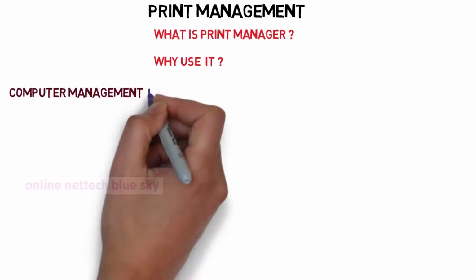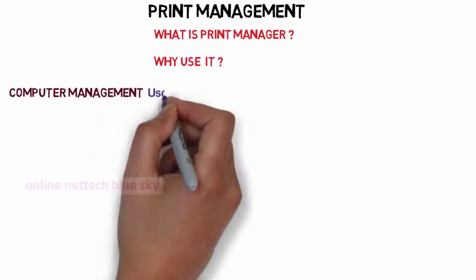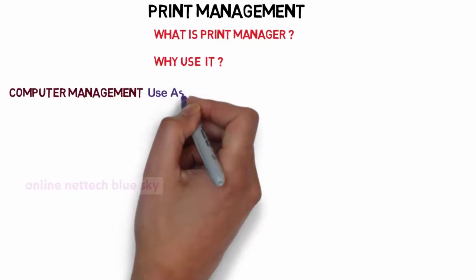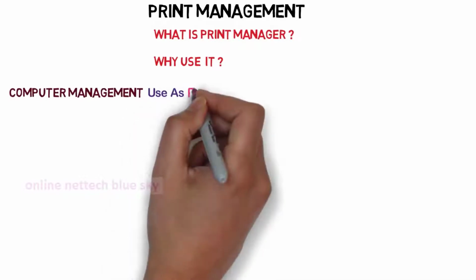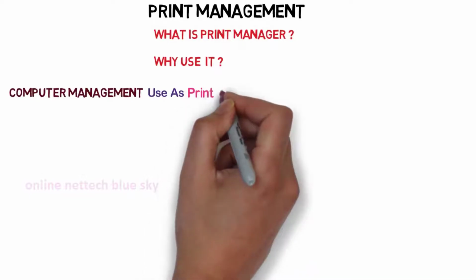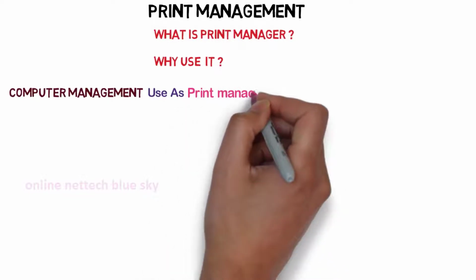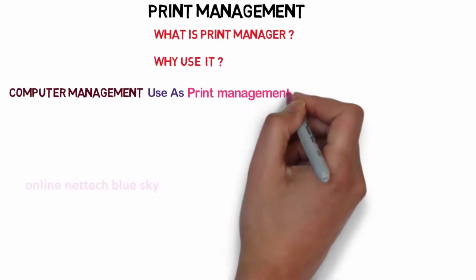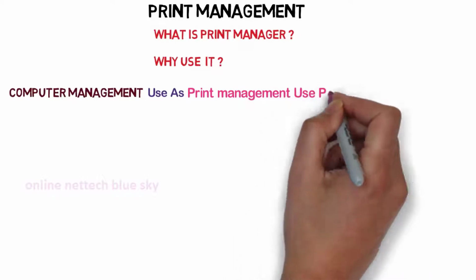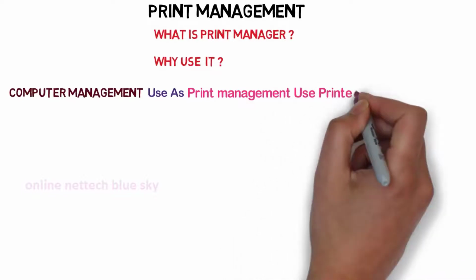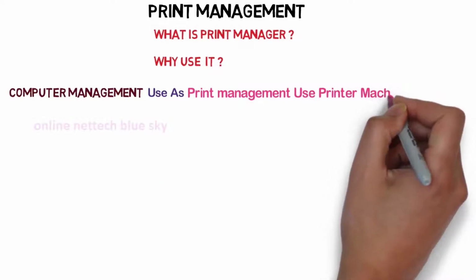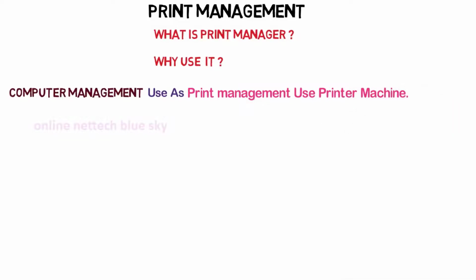So computer management uses the main system printer for printing. Computer management is also print management, you can see here. The computer is very much used for printing and printers and to manage your printer machines.